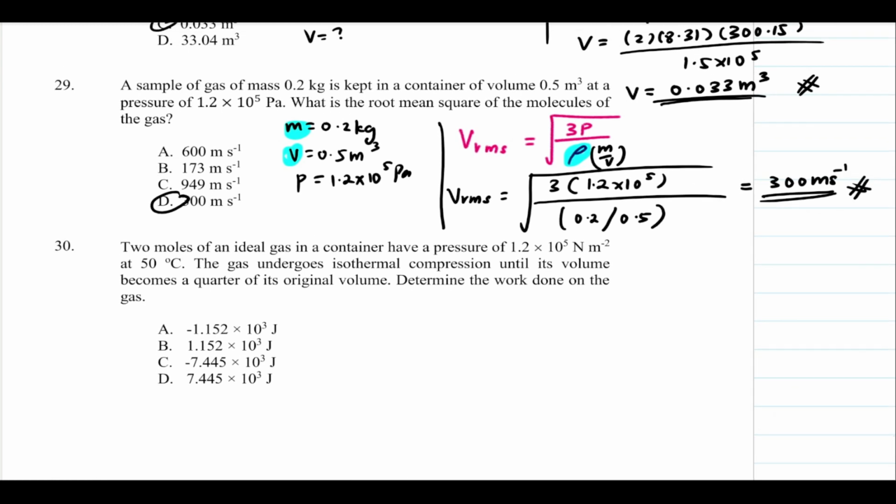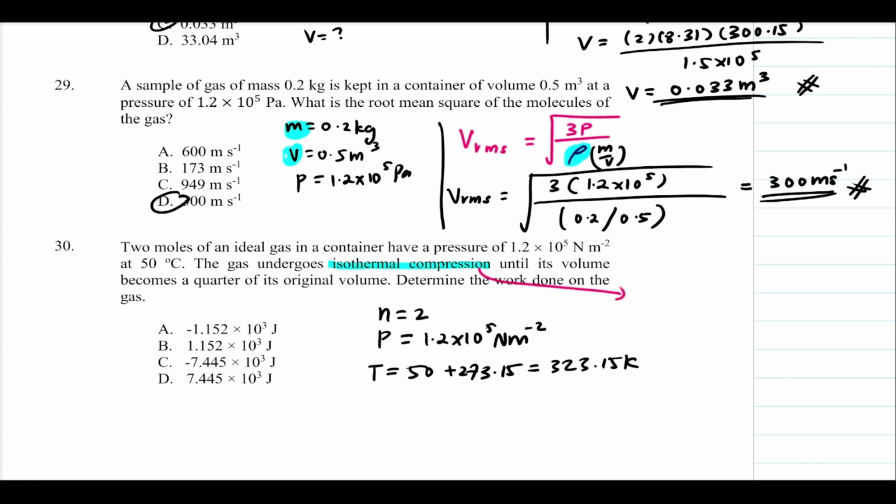Last question. We have 2 moles of an ideal gas n equal to 2. In a container have a pressure of 1.2 at temperature of 50 degrees Celsius. Okay. So dia akan dapat kat situ lah 323. The gas undergoes isothermal compression, which means that delta U is equal to 0.